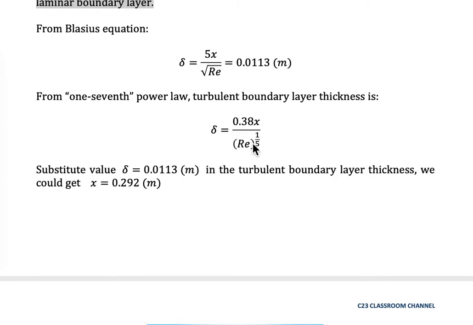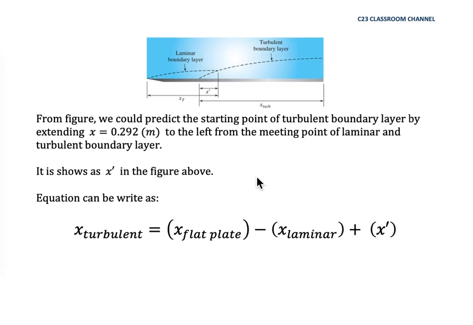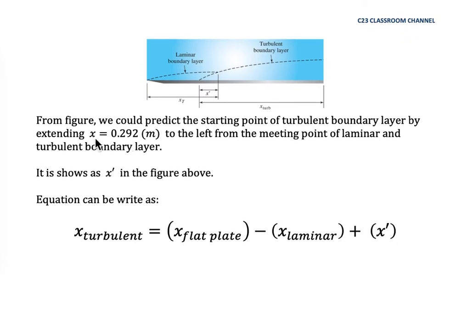So we have one x here, x to the power of -1/5, and we have another x here. We need to solve this first. Then we substitute the value of delta with 0.0113, so we can get the value of x. According to this calculation, x is equal to 0.292 meters.